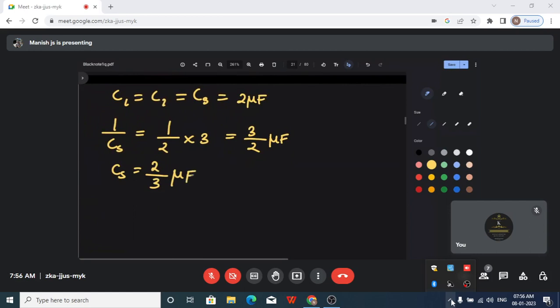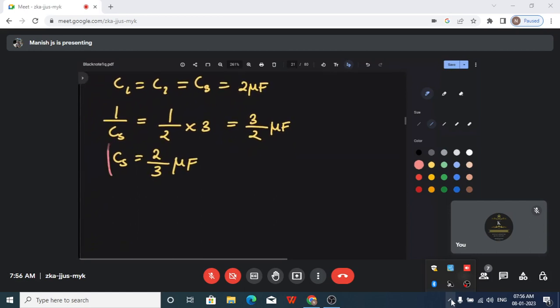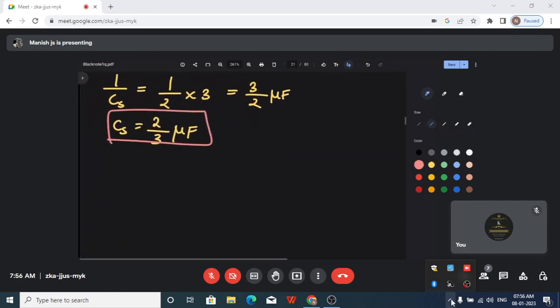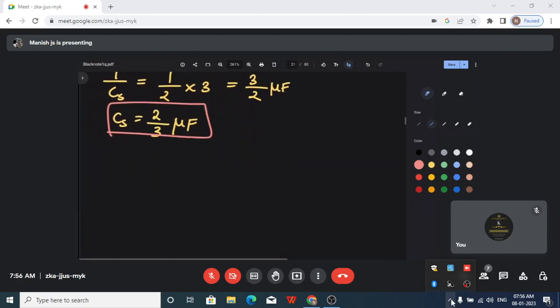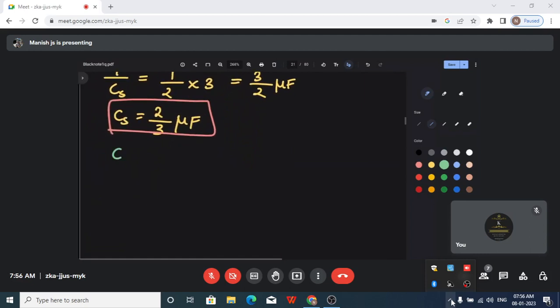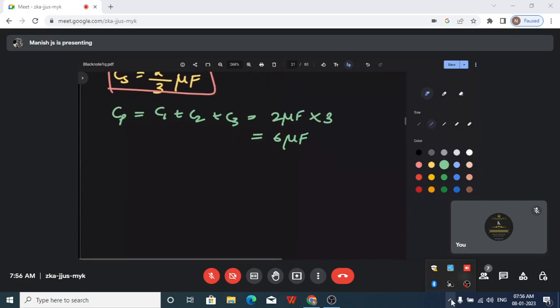So 2/3 microfarad is the value of CS, the total capacitance in series. Similarly for capacitance in parallel, CP is C1 plus C2 plus C3, which can be written as 2 microfarad into 3. So 2 threes are 6 microfarad. That is the value of CP.